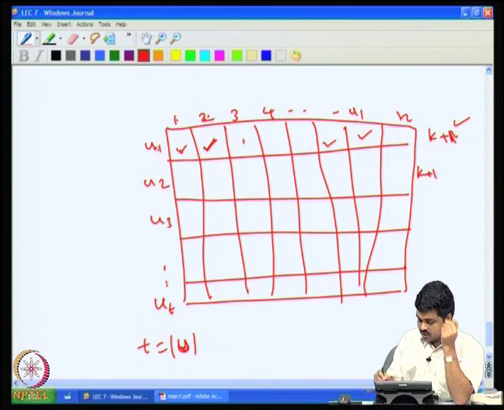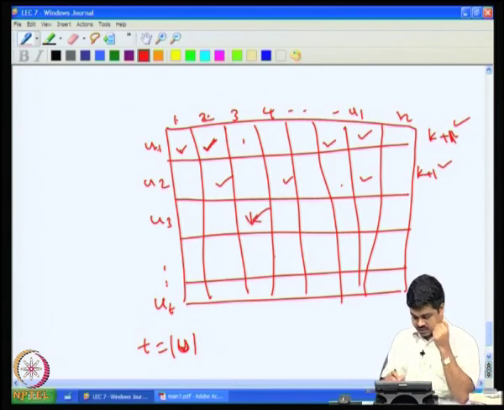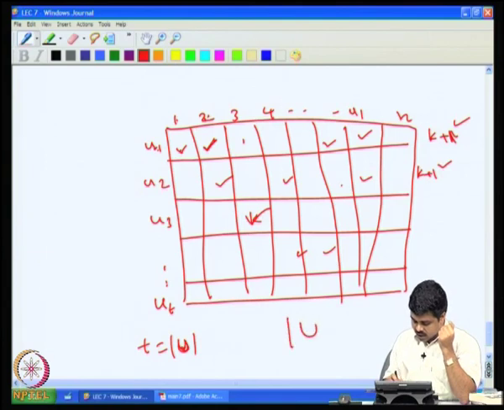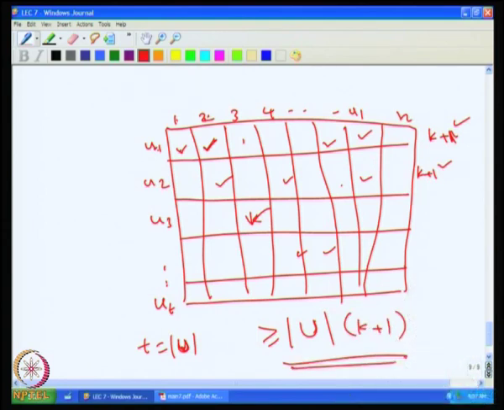Here also k+1 ticks. Similarly, in each row we will have k+1 ticks. So, if I count the total number of ticks, there are at least |U|(k+1) ticks in it.